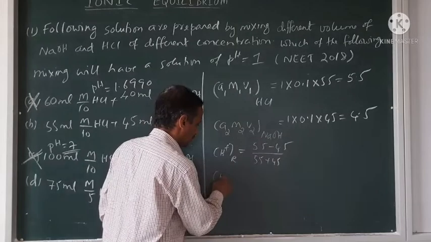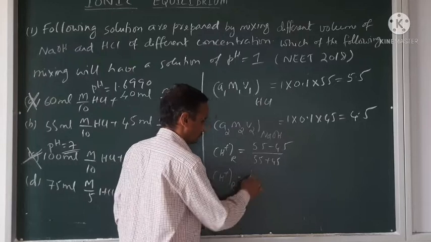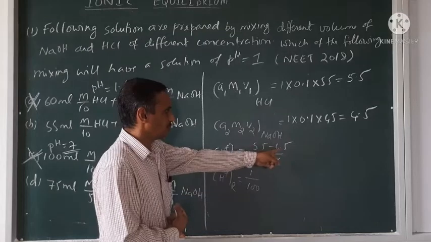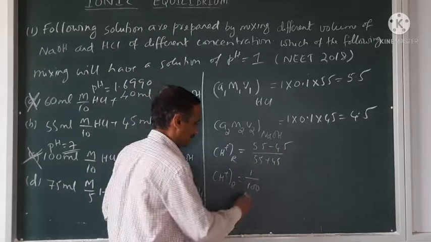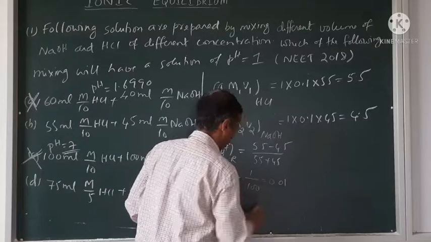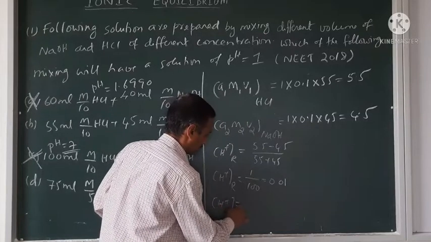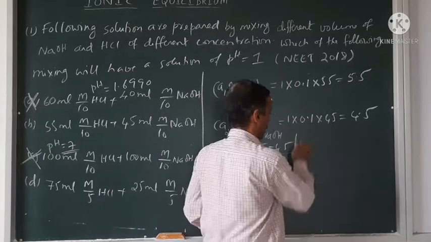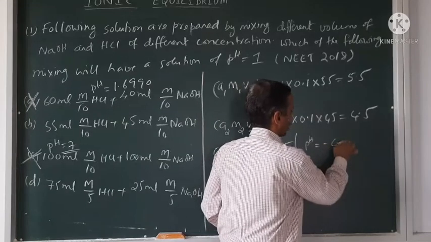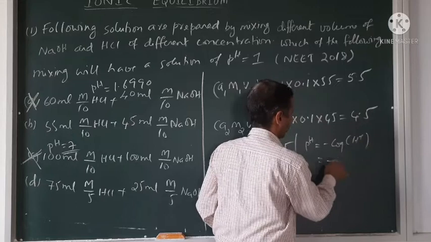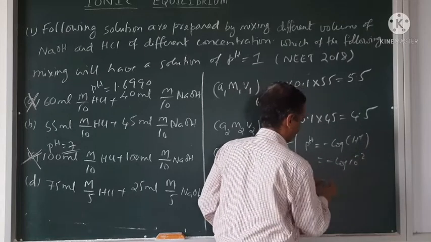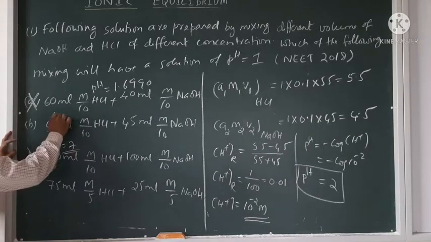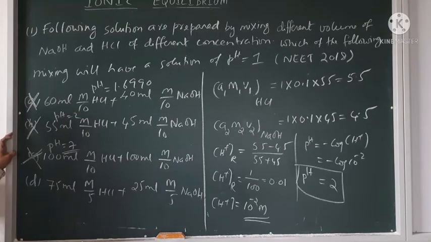That is 1 by 100, which is equal to 0.01, or 10 to the power minus 2 M. Now, pH is equal to negative logarithm of H plus, is equal to negative logarithm of 10 to the power minus 2, or pH is equal to 2. So, this gives the pH equal to 2. So, this also cannot be the answer.